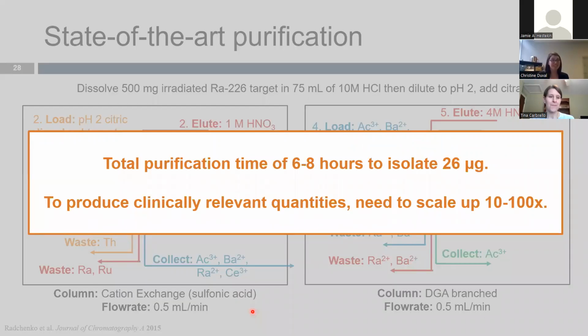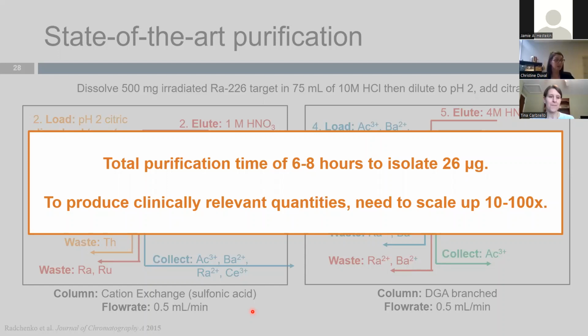What this means is that to isolate 26 micrograms of actinium, it takes about 6 to 8 hours, and that's just for this purification process. That doesn't include quality control. That doesn't include any of the waiting time after you stop bombardment before you're able to purify your sample. So we really have a bottleneck in our purification process.